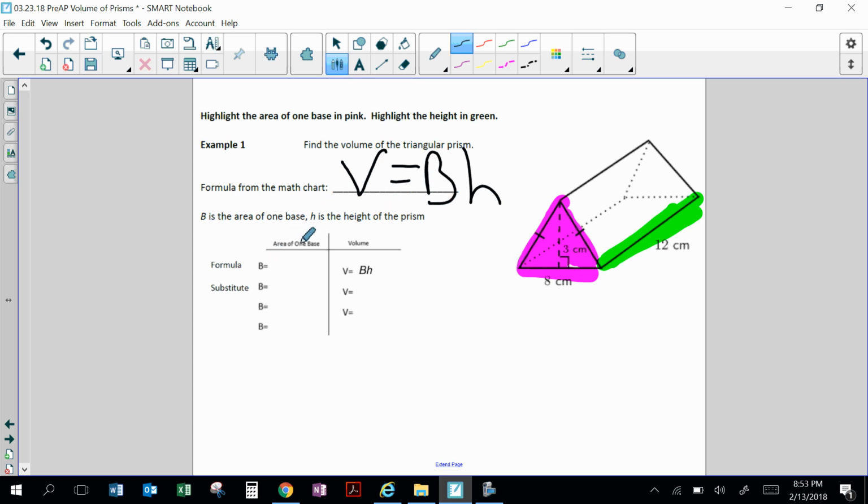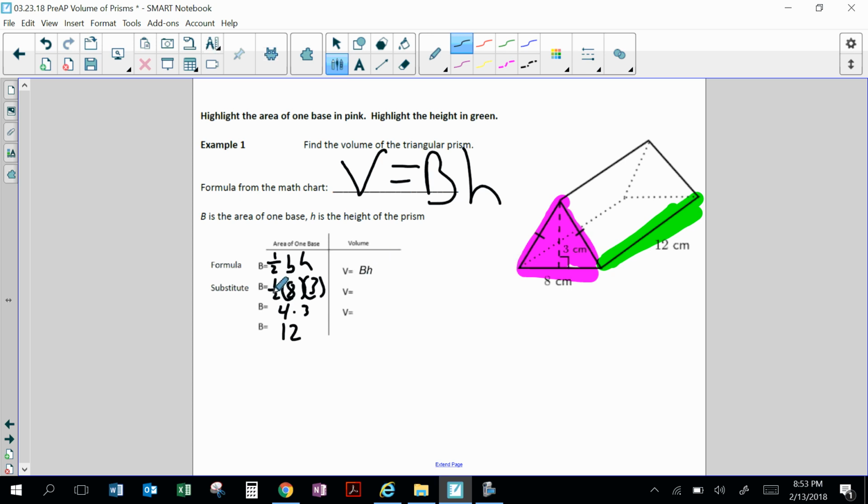So area of one base. What's the formula for this base? It's 1/2 BH. Substitute in half. What is the base of this? 8. What's the height of this triangle? 3. So half of 8 is 4. 4 times 3 is 12.